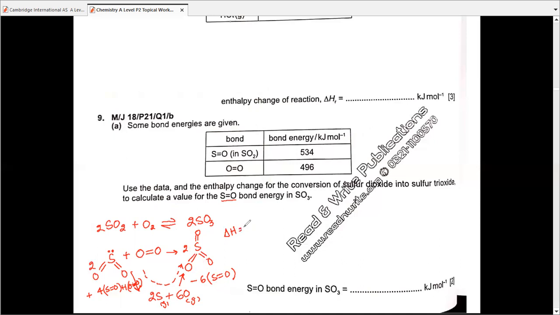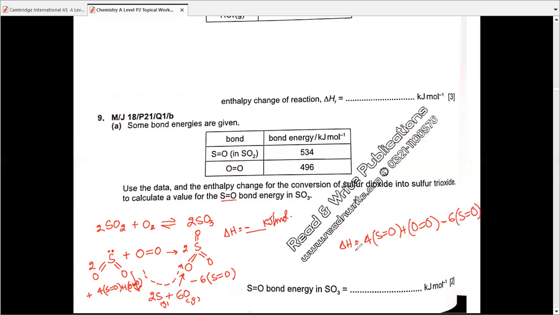From what I know from O levels, we do understand this reaction is exothermic, but I don't exactly know this value in negative over here in kilojoules per mole. And since we don't have that value, we won't be able to solve the whole thing, because what we're going to do is that delta H would be equal to 4 into S=O plus O=O minus 6 into S=O.